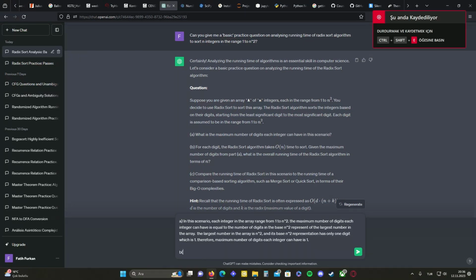So in part B, since the maximum number of digits each integer can have is 1, as we determined in part A, the overall running time of the Radix sort algorithm in terms of n is O(d times (n plus k)), equal to O(1 times (n plus n squared)), which is equal to O(n squared), I think.